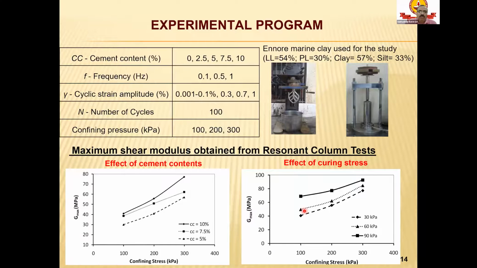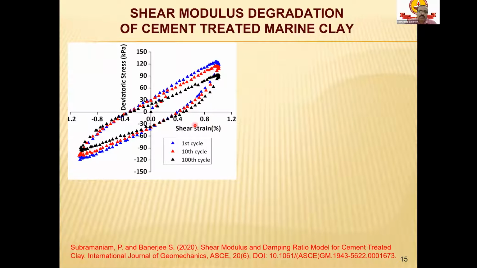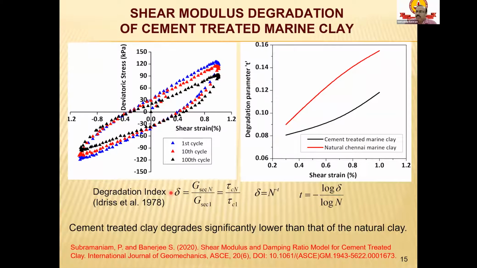Now, overall, when we plot the hysteresis stress-strain behavior, deviatoric stress versus shear strain, we saw that clearly the cement treated soil, like a natural clay, has a degrading nature. However, using the IGC model, we can say that the cement treated soil degrades less than the natural marine clay.